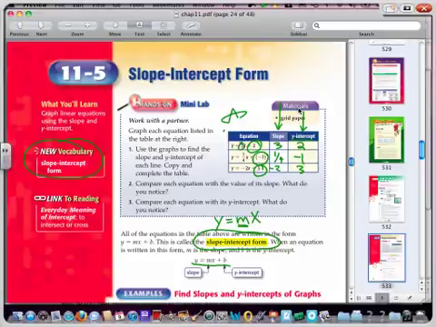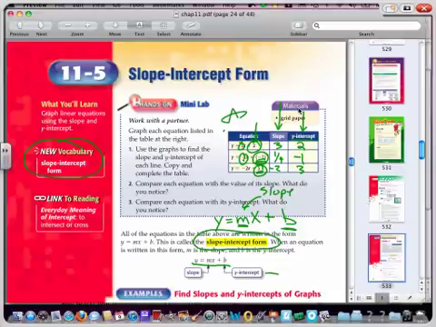Over here it was 3, here it was 1/4, and so on. Whatever that is, that's our slope. And then whatever came after it, in other words, this number here, the 2, or the -1, or the 3, that's our b. That is always the y-intercept. That is where we cross the y-axis.